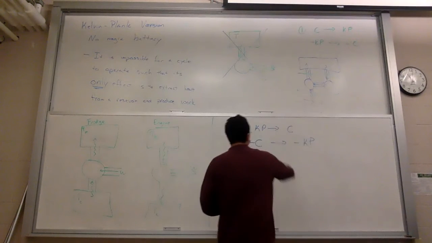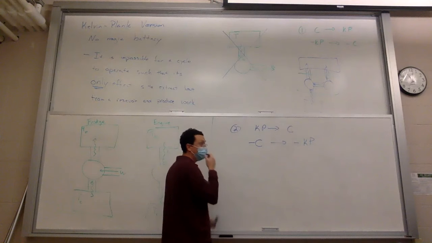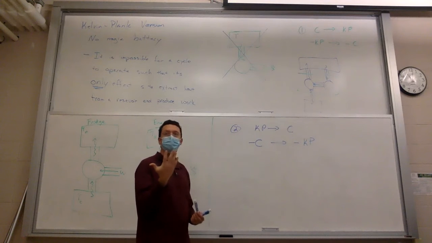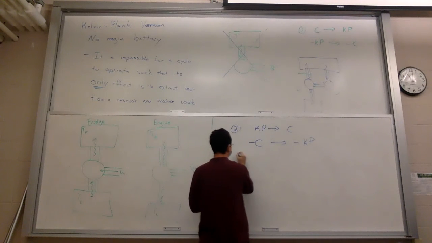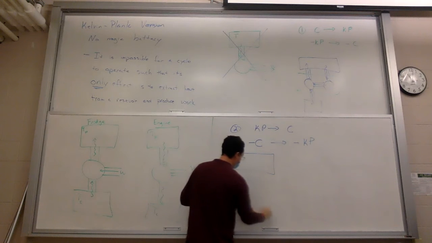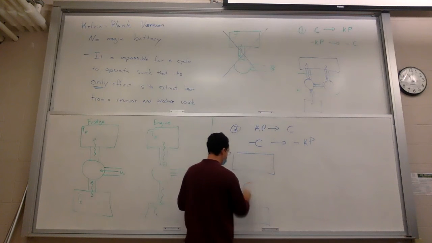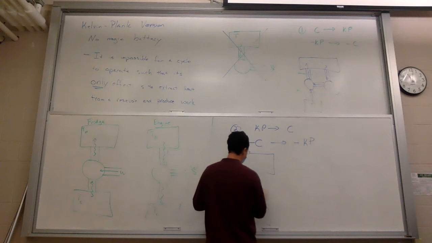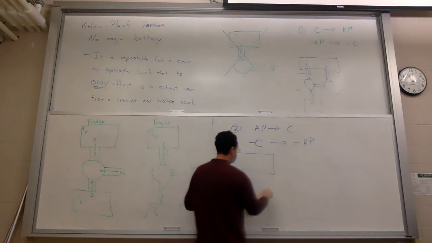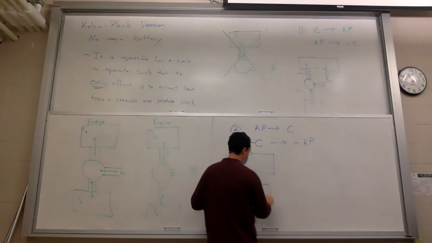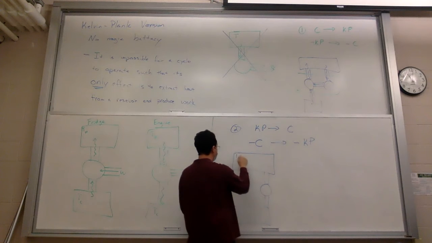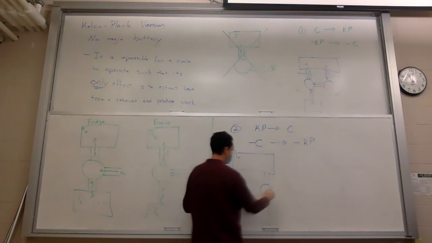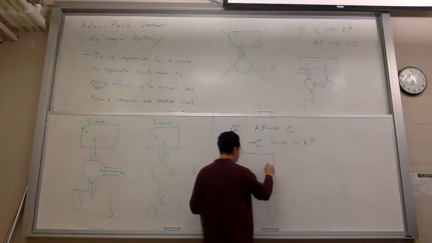So we're trying to show that this is true. So imagine I've got a normal engine. I'm going to put it off to the side just a little bit here. And what it does is we have TH and TC, and it produces work.